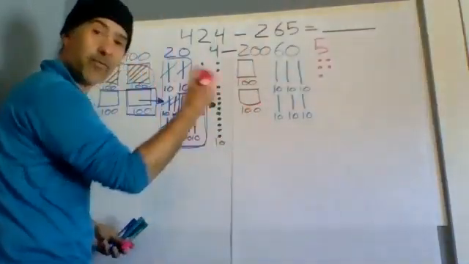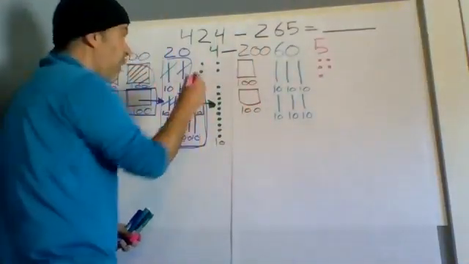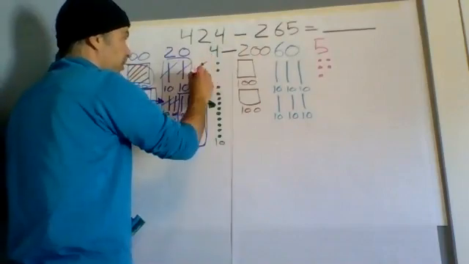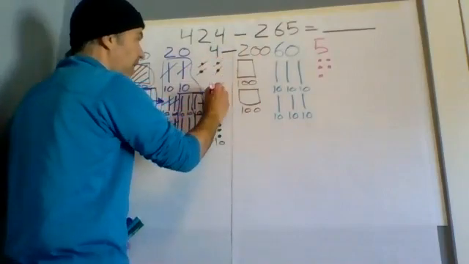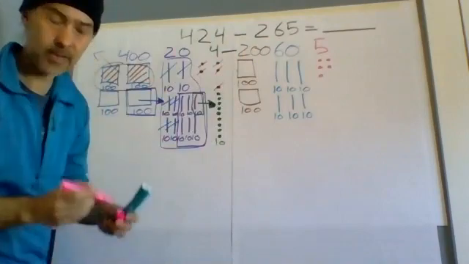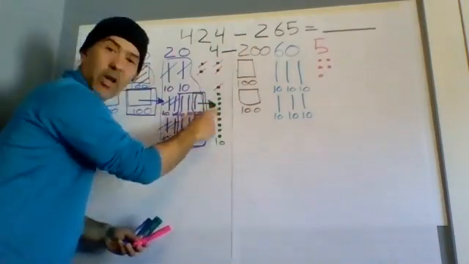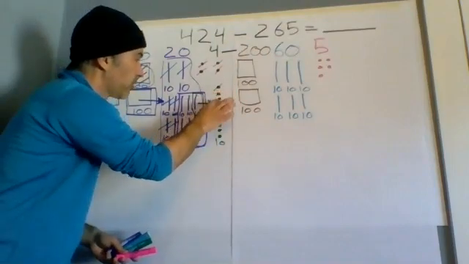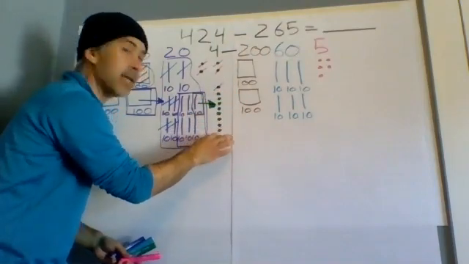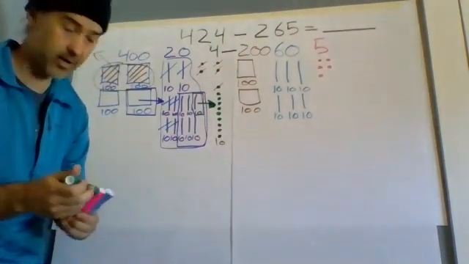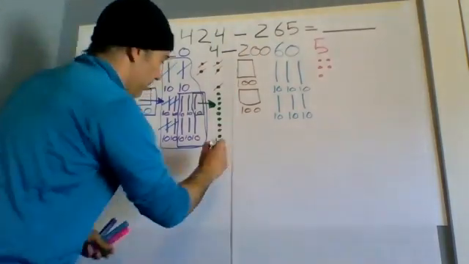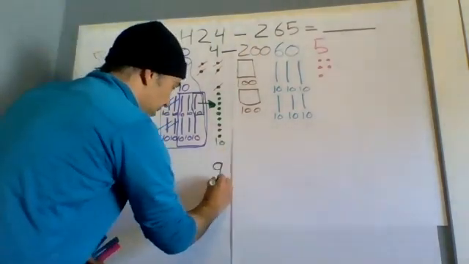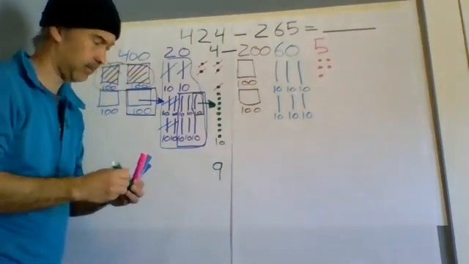Let's take the 5 ones from my 14 ones. 1, 2, 3, 4, 5. They're gone. How many ones am I left with? 1, 2, 3, 4, 5, 6, 7, 8, 9 ones. All right. So I have 9 ones.